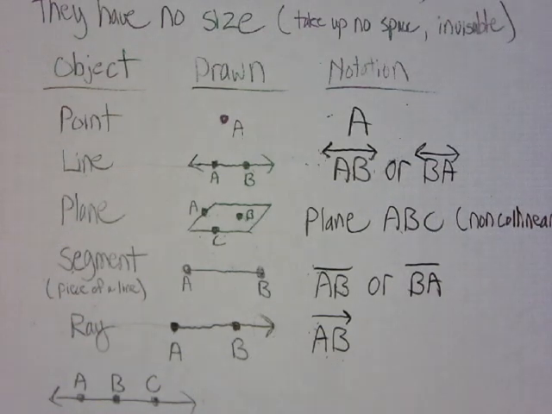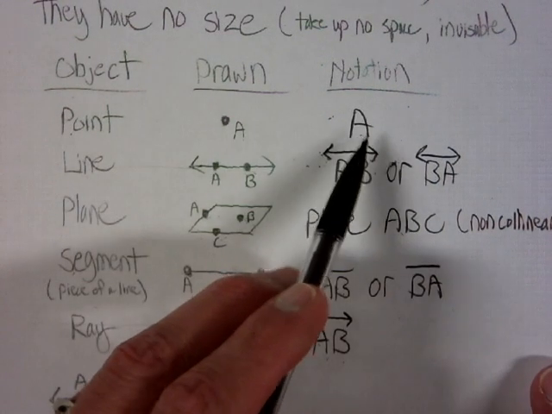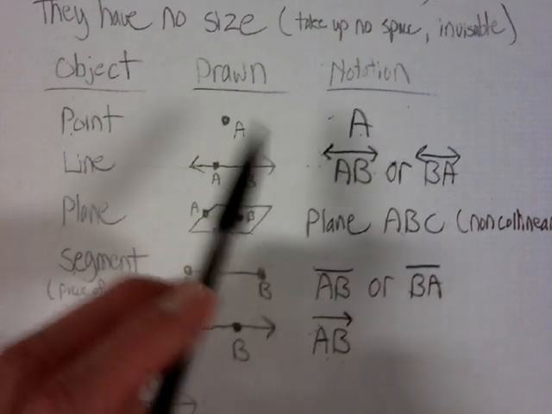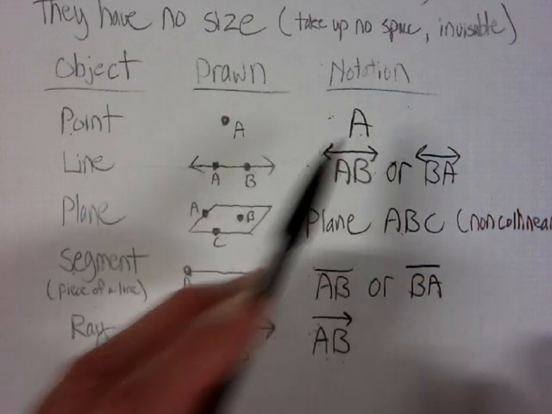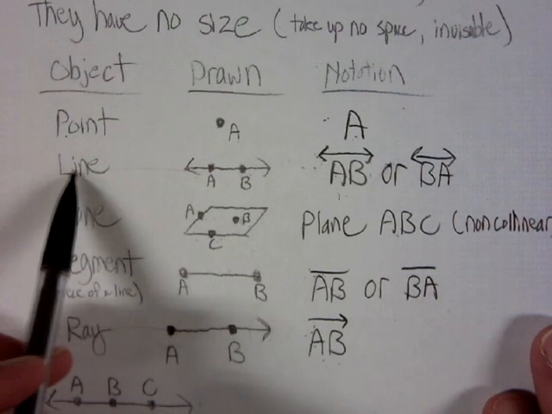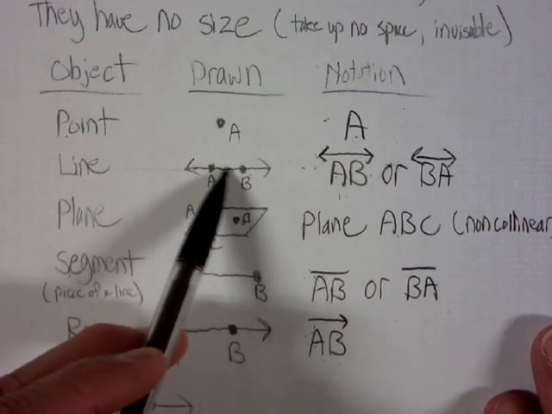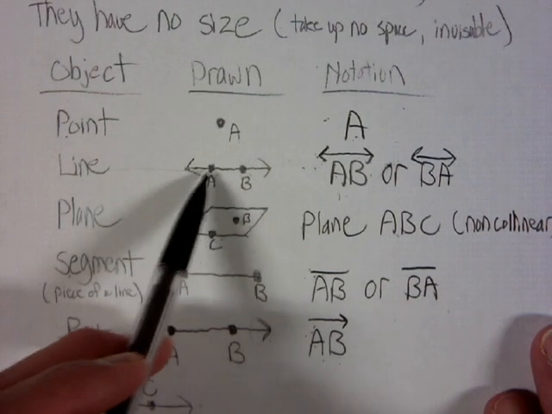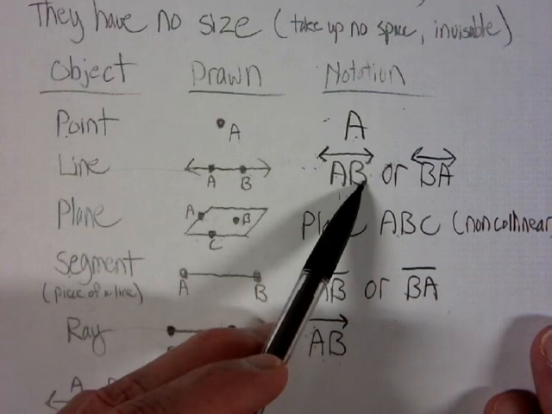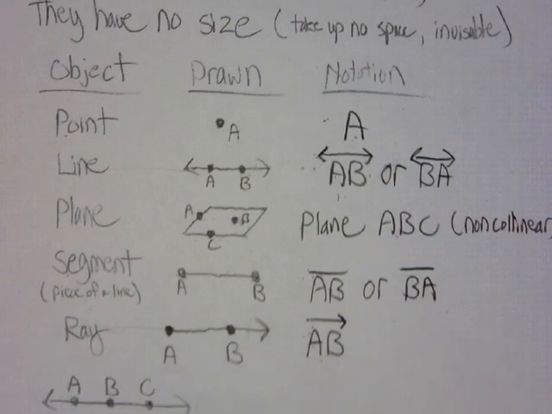Another thing to keep in mind, make sure you notice how many letters we've used. Okay, a point. You use 1 letter to name a point. There is no point AB. Okay, it's point A, point B, point C, and so on. You use 2 letters to name a line. Okay, so if there was another point that was labeled on this line, you wouldn't call it line ABC. Okay, that's not correct. 2 letters is all you need, regardless of how many points are labeled on the line.